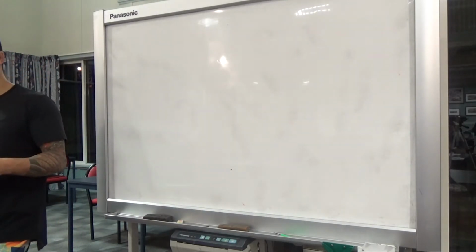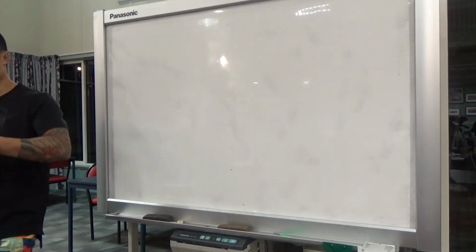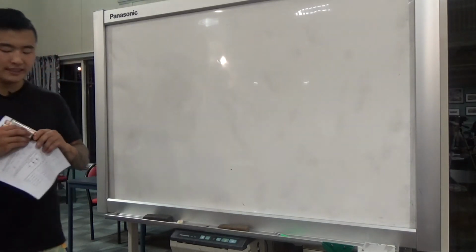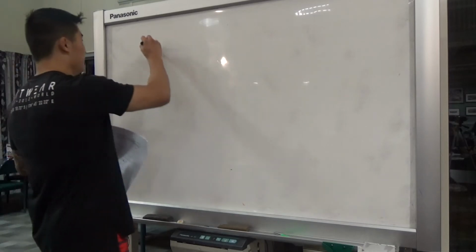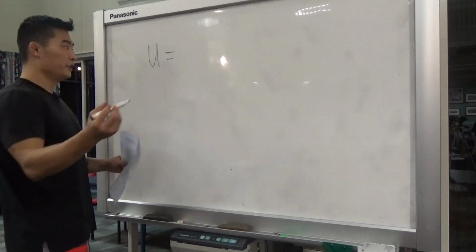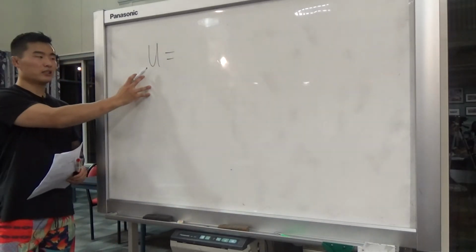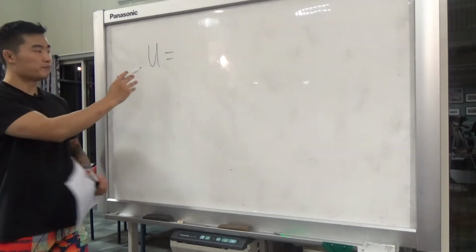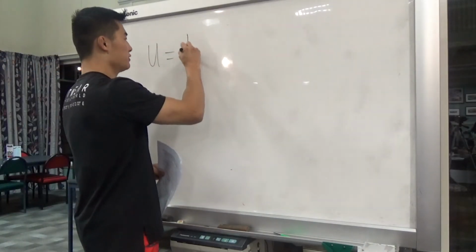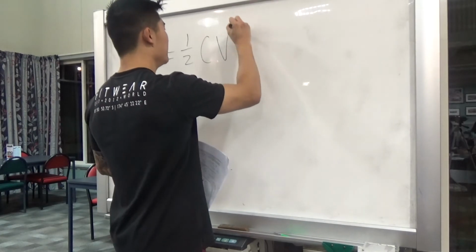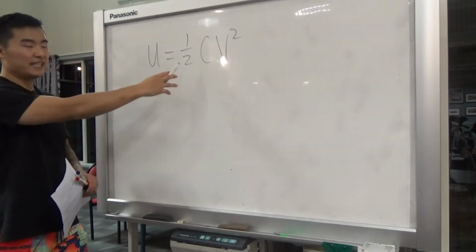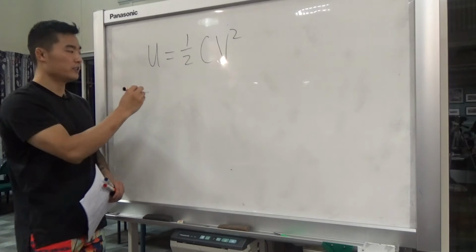So it's how much energy is inside a capacitor. So it's really simple as well. As long as you know this equation, U, that's the symbol for electrical potential energy, remember that, is equal to half CV squared. So C is your capacitance and V is your voltage.